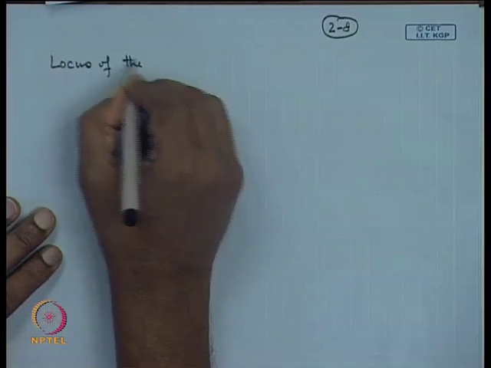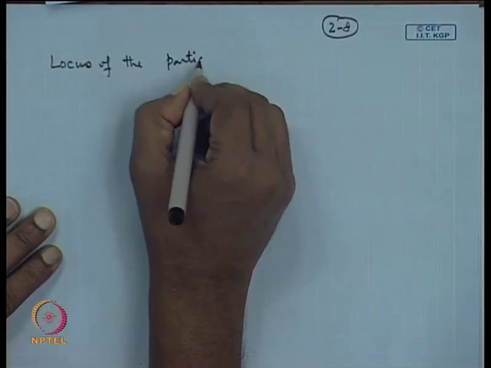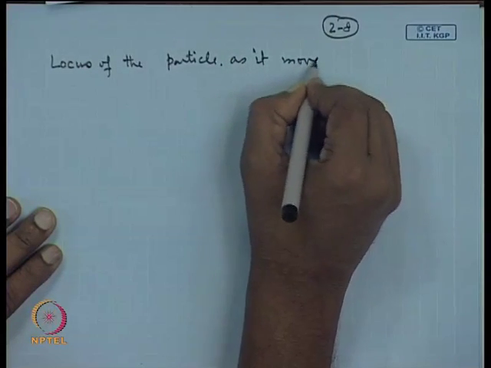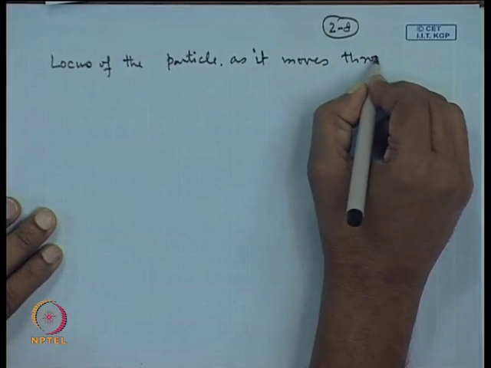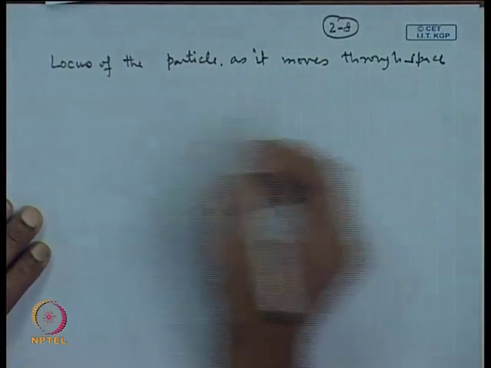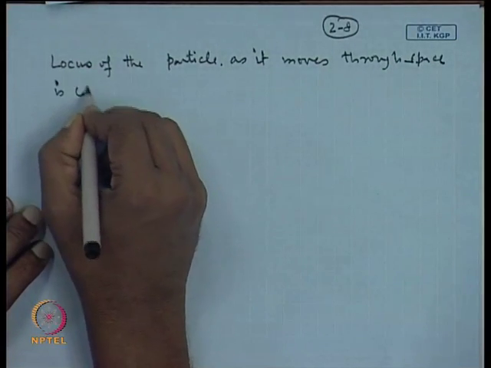Now, the locus of the particle as it moves through space is called trajectory.